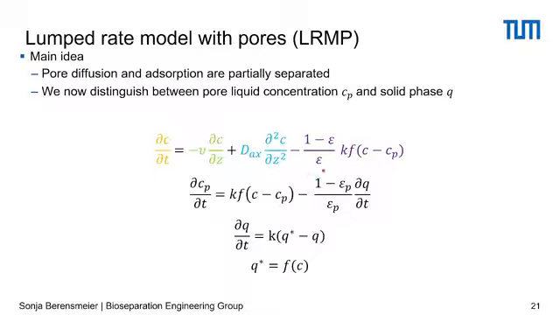Again, this transport equation tells us what is happening, or this equation at the end describes the effect of the adsorption or the binding processes, so the movement to the stationary phase Q. And then again, the stationary phase Q is described as in the lumped rate model without pores. So one key takeaway from this lumped rate model with pores is that we have an additional step between the mobile phase and the stationary phase, which is the pore phase Cp.